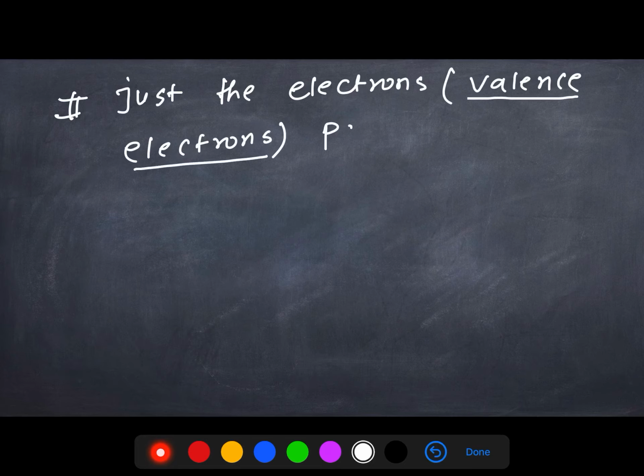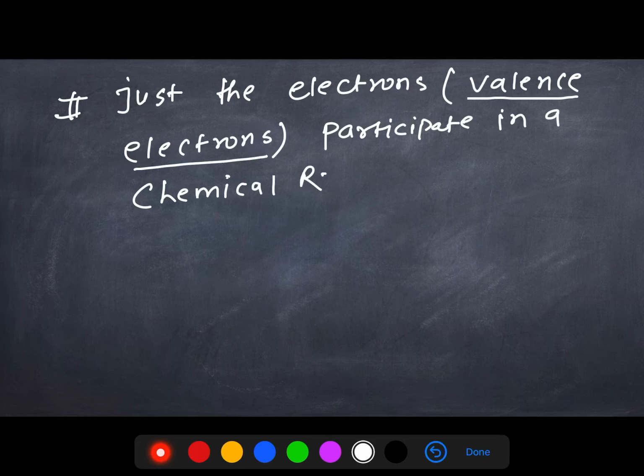So just the electrons, more precisely just the valence electrons, participate in a chemical reaction. We'll keep that in mind in a normal chemical reaction, of course, correct?